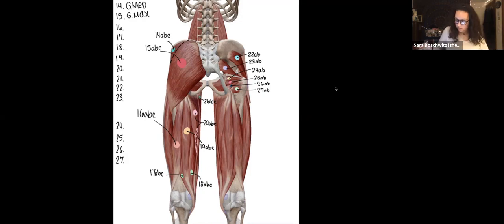All right, number 16. So number 16 is going to be the Biceps Femoris long head. And the Biceps Femoris long head is going to extend the hip and flex the knee.